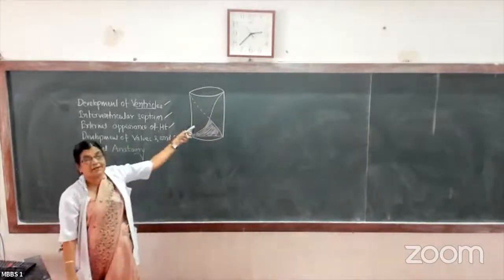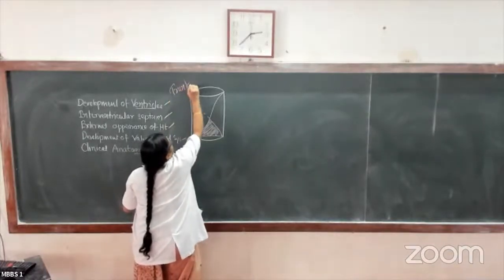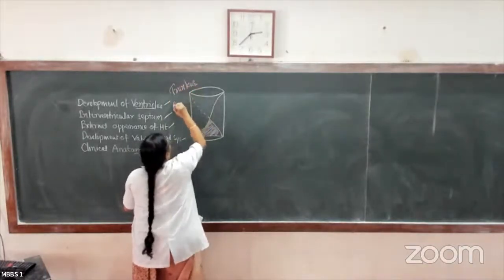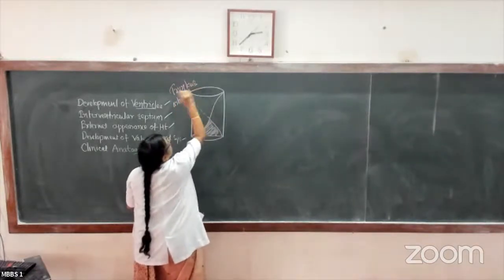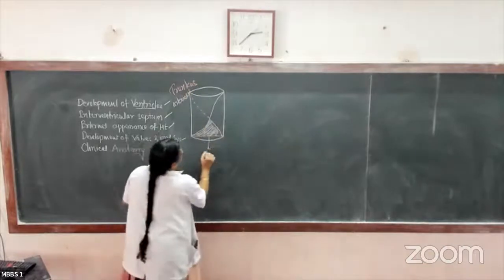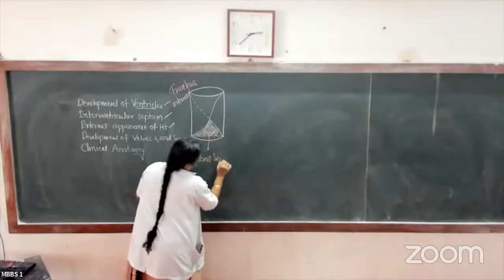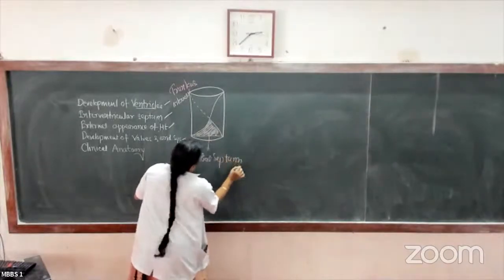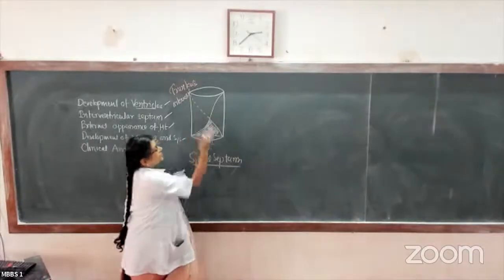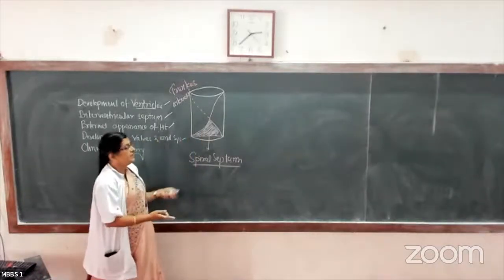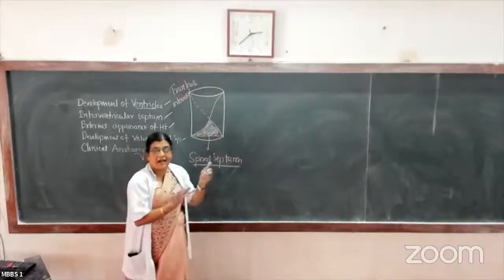This is a spiral septum in the truncus arteriosus. So it divides the truncus arteriosus into two compartments. Now these two compartments are nothing but the pulmonary trunk and aorta.